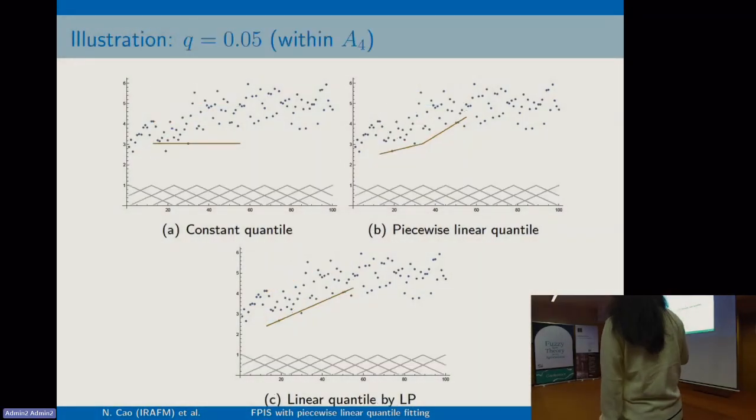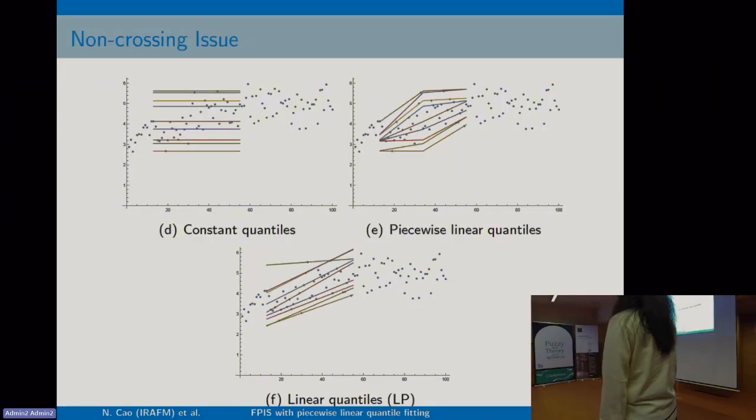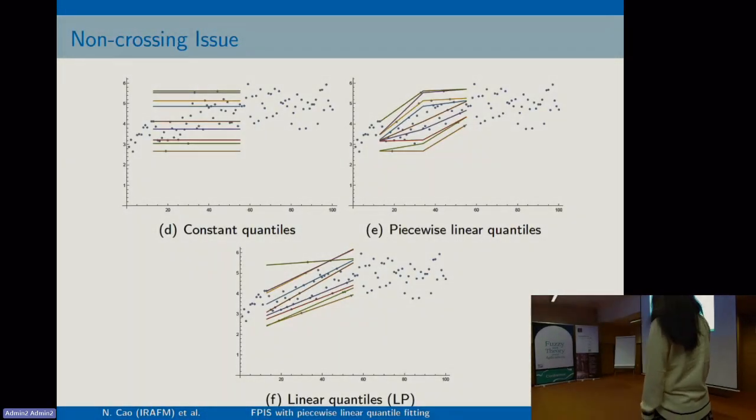Here it is just 0.05. We can set up a list of quantile levels and see it like this. Why do I show this? Because of the crossing problem. As we know, in quantile regression the crossing problem needs to be solved.